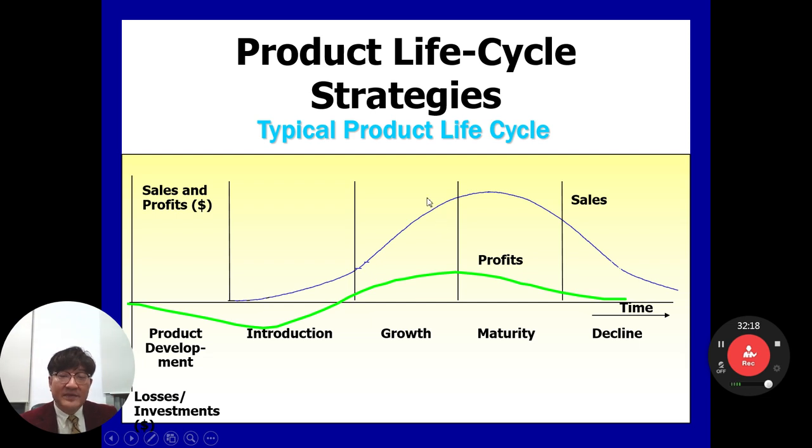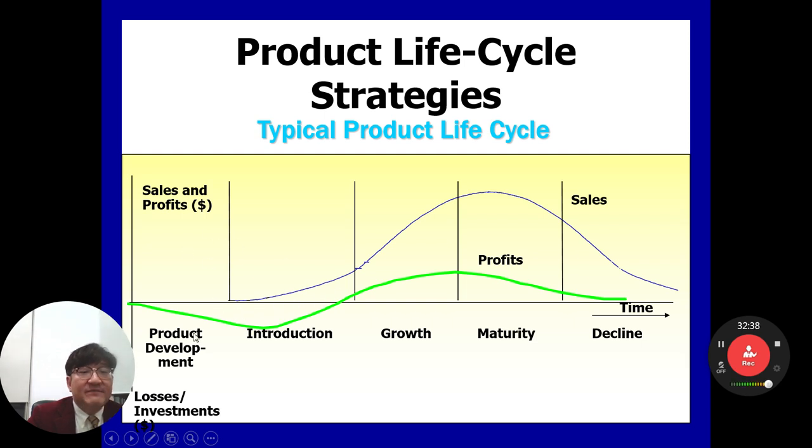Okay, so we have two curves in the product life cycle. One is called the revenue or sales curve. The other one is called the profit curve. There is a distinction between these two curves.